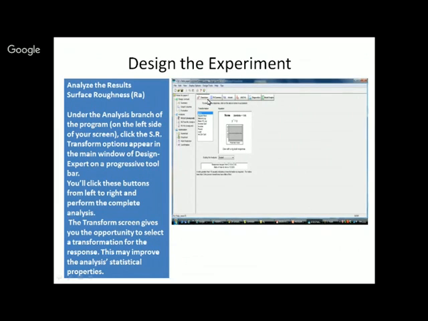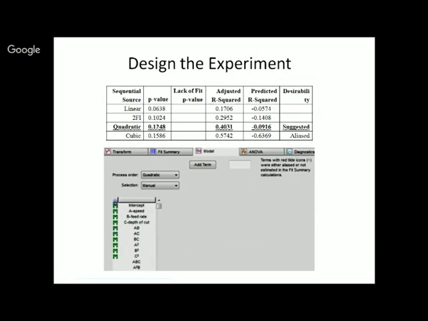When you go to that, it gives you transformation as none. That means the software is already indicating that no transformation is required for your data. Otherwise it offers the square root, natural log and other transformations, which you can apply.